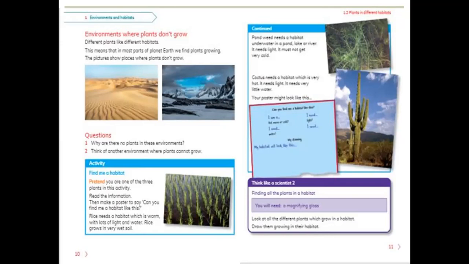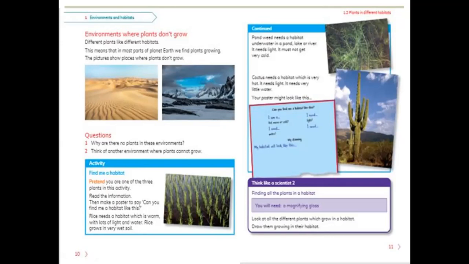This picture shows places where plants do not grow well. Why are there no plants in these environments? Because in the desert it is very hot, and in the polar region it is very cold. So plants cannot grow in these areas very well.